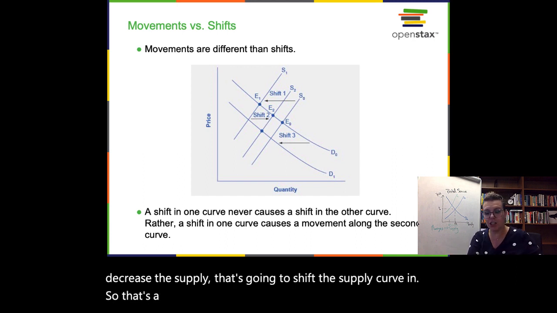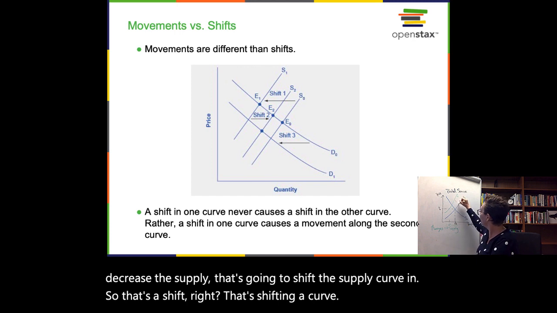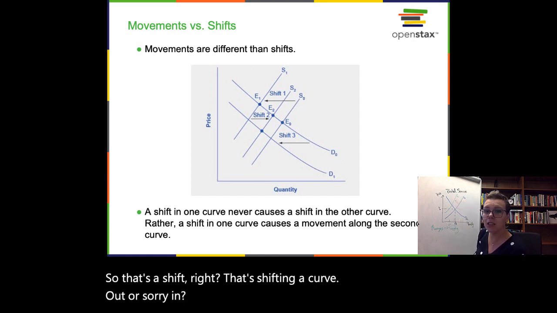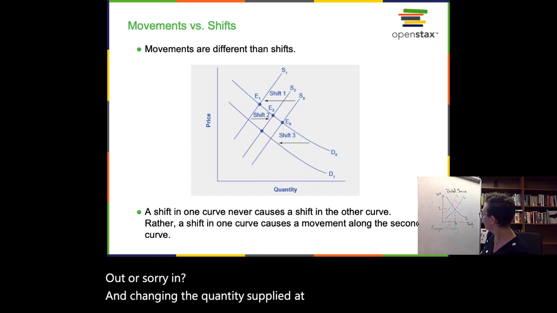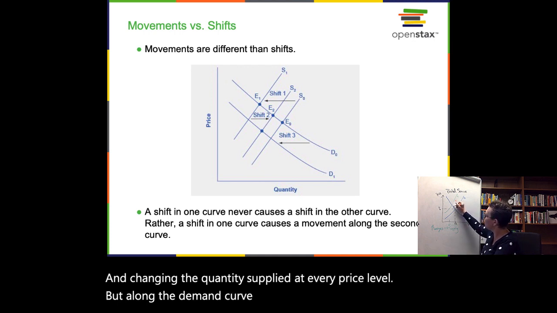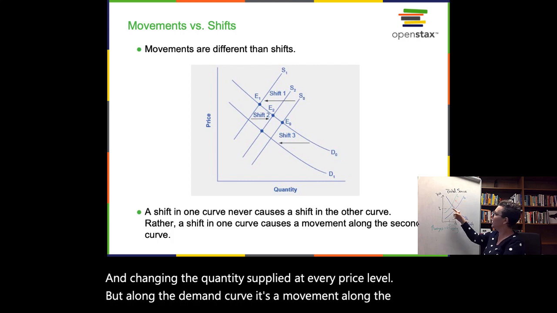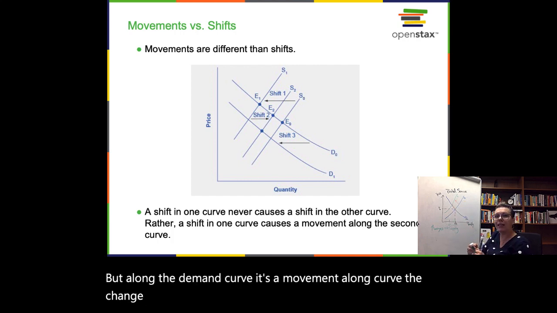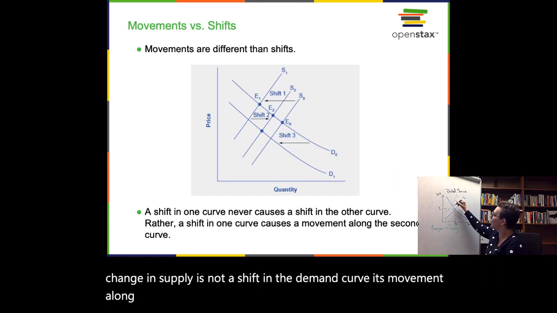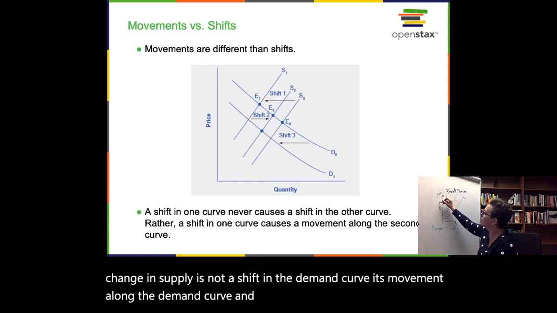That's shifting a curve in, and changing the quantity supplied at every price level. But along the demand curve, it's a movement along the curve. The change in supply is not a shift in the demand curve, it's movement along the demand curve and a shift in the supply curve.